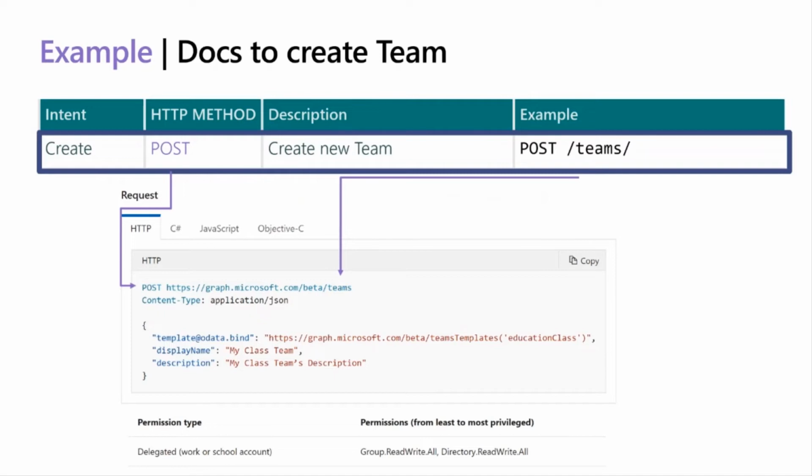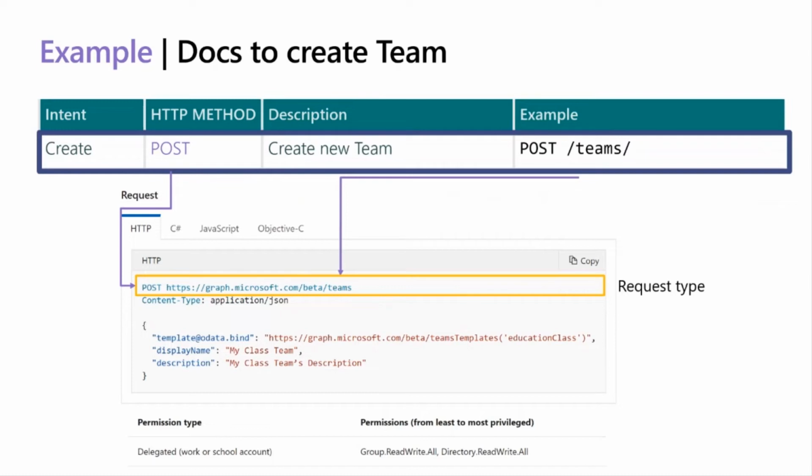And so this is exactly where you'll see, for example, the very first line of the example that we see here is the type of command and the endpoint I need to call, which is POST https://graph.microsoft.com/beta/teams, because we need to call the Teams API, which is the request that we're making.